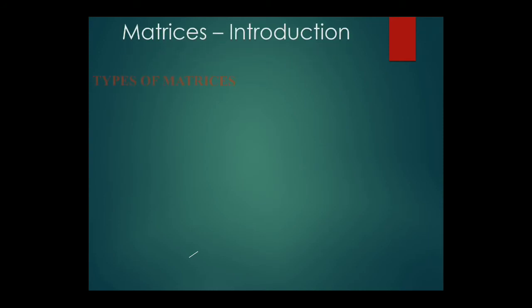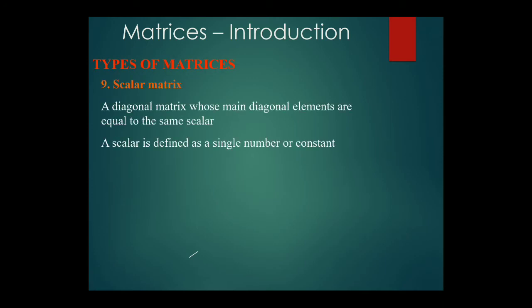So a scalar matrix is a diagonal matrix whose main diagonal elements are equal to the same scalar. This basically means that the diagonal elements are all the same. By the general form, you can see we have it in the form aij 0 0, 0 aij 0, 0 0 aij. Here aij is going to be the same through the entire matrix.